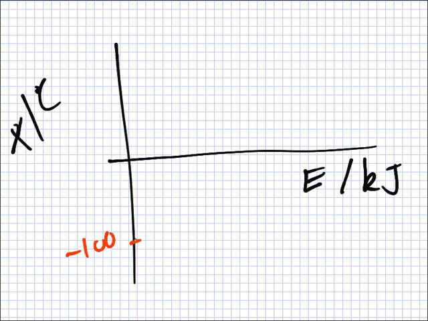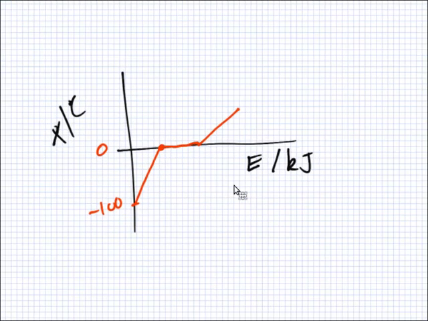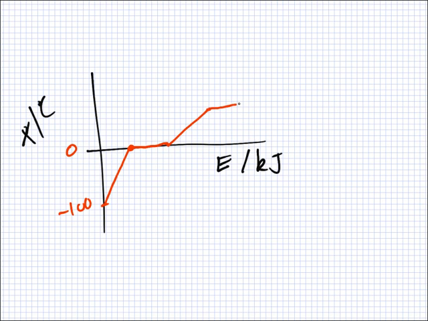I have it going steep till it hits 0, then a short line here, and then less steep than this one, and I've gone off the scale a little bit here. Then it's longer here, and then it should be roughly the same steepness as this, a bit steep at the end here, and then I should mark off here 100.